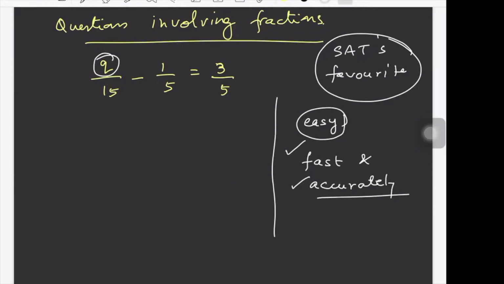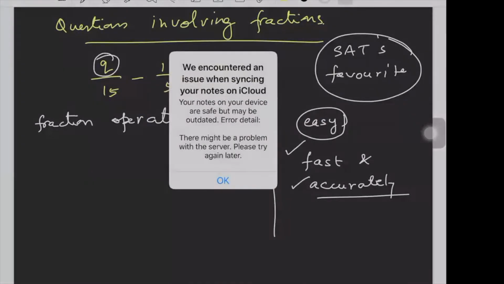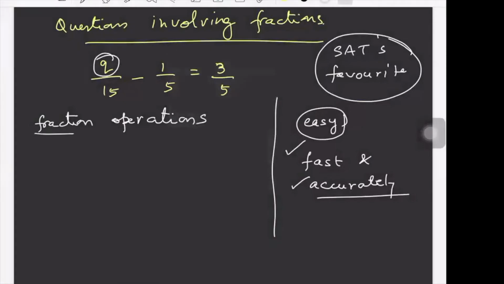Now please listen, everyone. There are two ways to solve this. One way is by doing fraction operations. So Q by 15 is equal to 3 by 5 plus 1 by 5, which is nothing but 4 by 5.